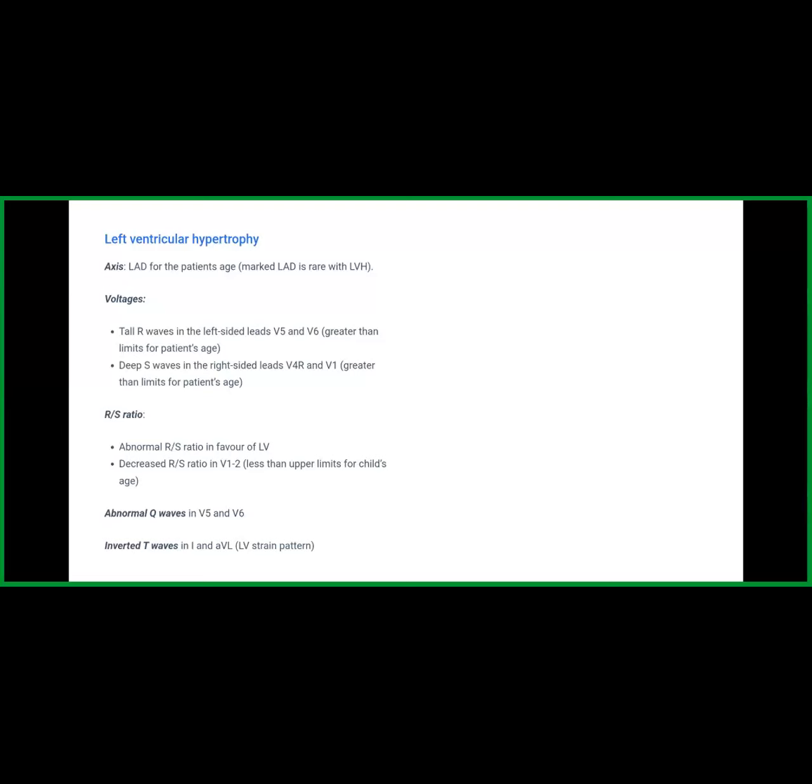Deeper S waves will be seen in V1, as we remember just now that the R wave is otherwise prominent in V1. RS ratio will be abnormal, and it will favor left ventricular hypertrophy. Decreased RS ratio in V1 and V2 will also be seen. Q waves which were supportive of right ventricular hypertrophy in V1 will now be seen in V5, V6, and inverted T waves in lead V1 and aVL will show an LV strain pattern.